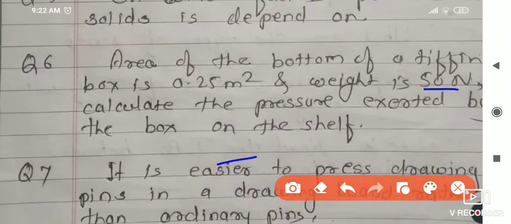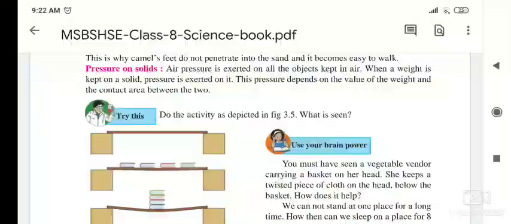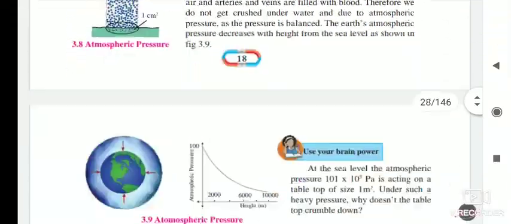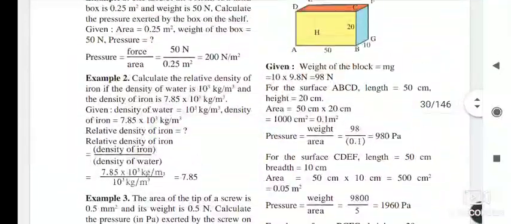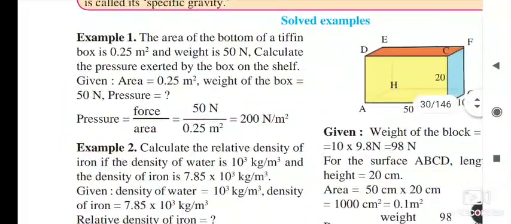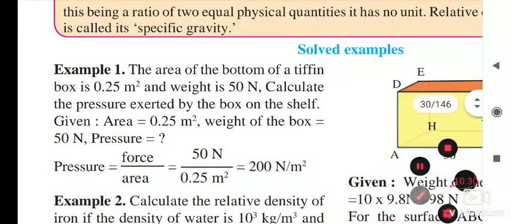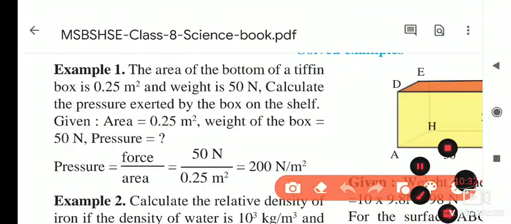Calculate the pressure exerted by the box on the shelf. This question is present on the last page.